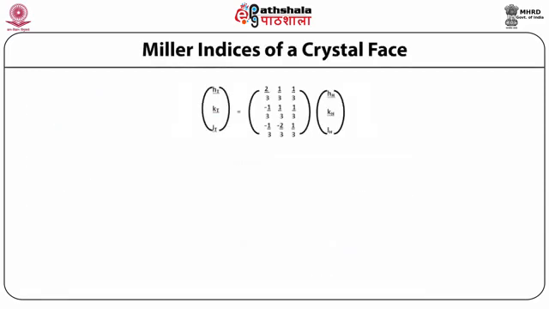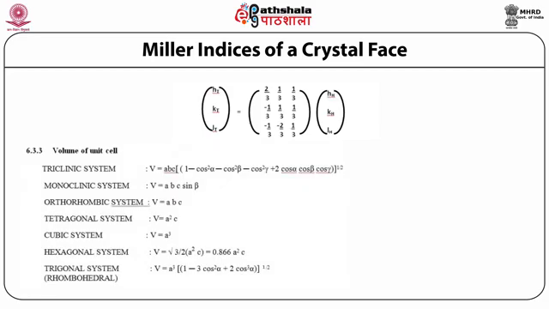Matrix HT, KT, LT is equal to matrix 2 by 3, 1 by 3, 1 by 3, minus 1 by 3, 1 by 3, 1 by 3, minus 1 by 3, minus 2 by 3, 1 by 3 into matrix HH, KH, LH. Then we come to the formula for volume of a unit cell.